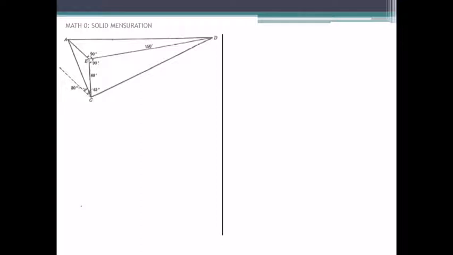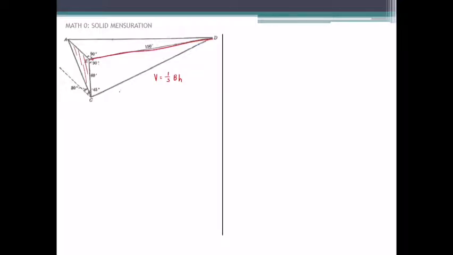So for this one, of course, the volume formula to be applied is 1/3 the area of the base times height. So in which case, if we redraw this, this 150 feet will be considered as our height. And our base is this. Now let us try to find the area of this base.